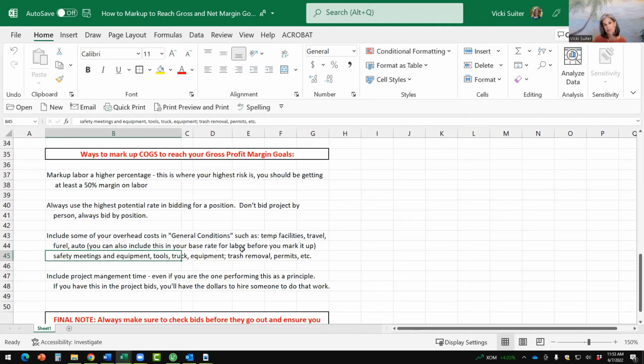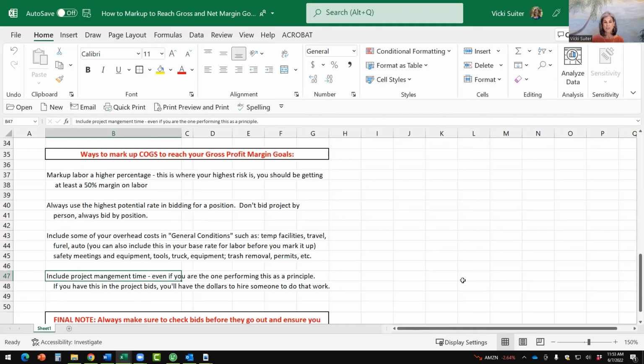Other things to include in general conditions are safety meetings, equipment, tools, trucks, that kind of stuff. And really important is that if you do project management for your projects, there should be project management time built into those jobs.